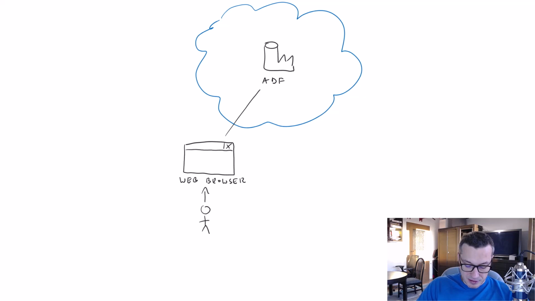Then via the browser, the developer makes some changes, like adding new pipelines or modifying them. And that's how it works. We use the web browser as our interface.